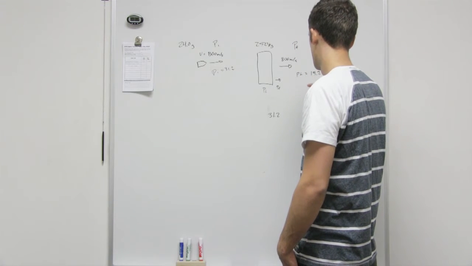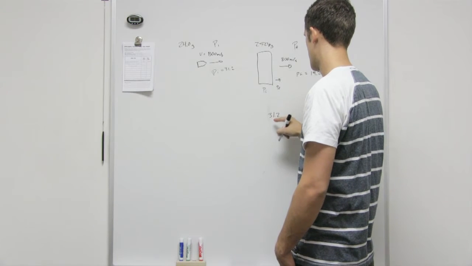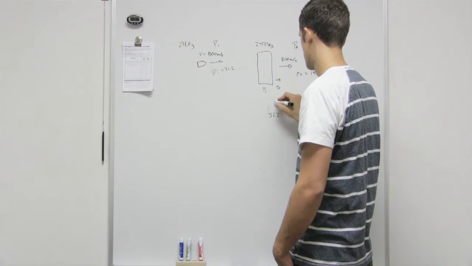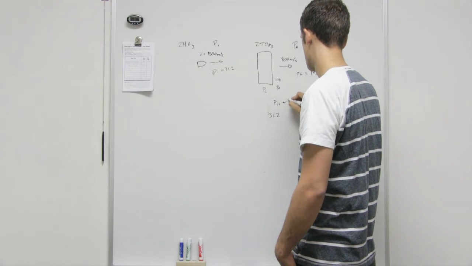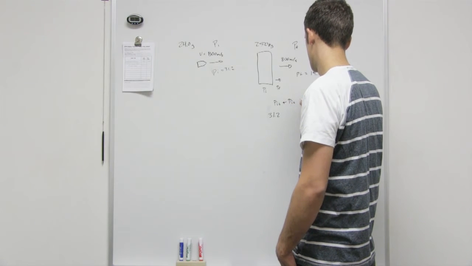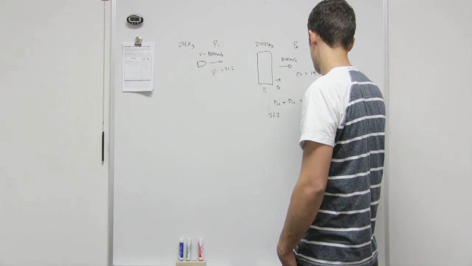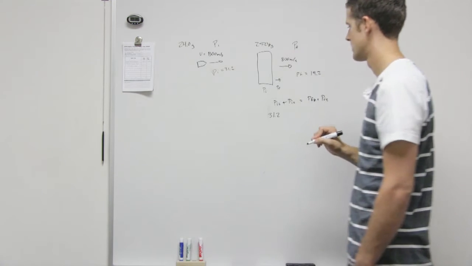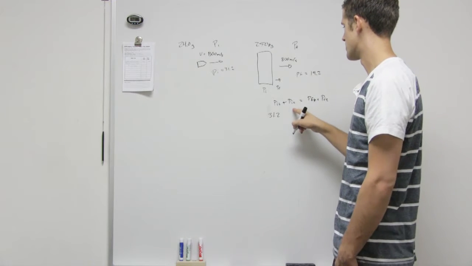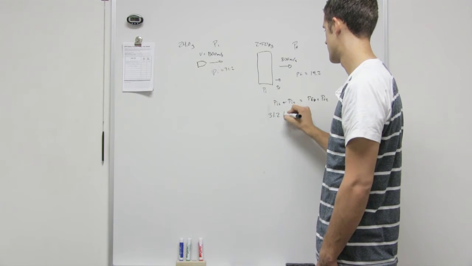So the initial momentum of the bullet plus the initial momentum of the target equals the final momentum of the bullet plus the final momentum of the target. What's the initial momentum of the target?